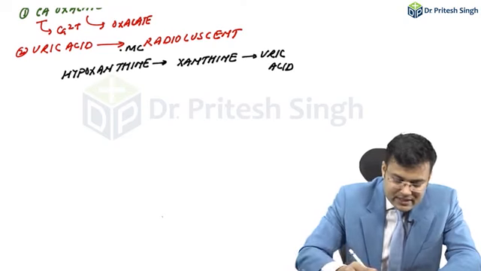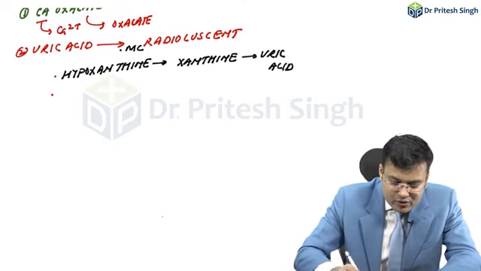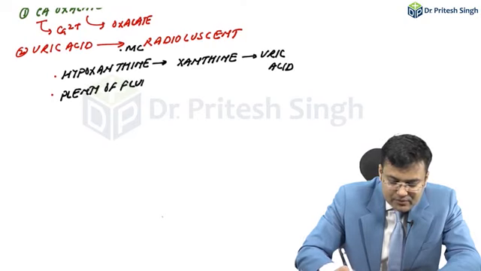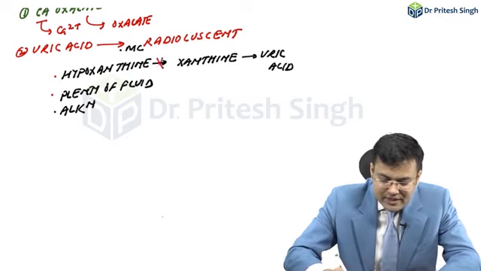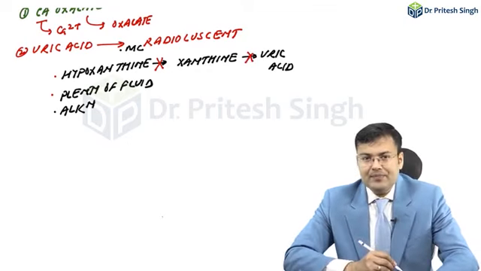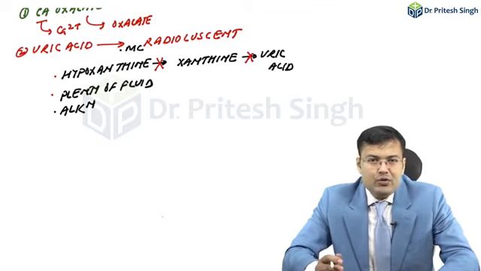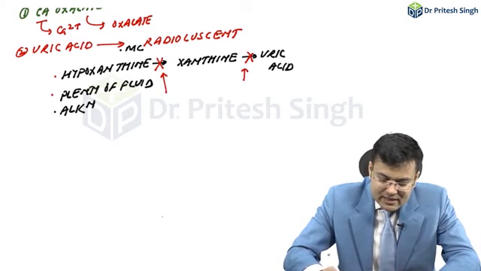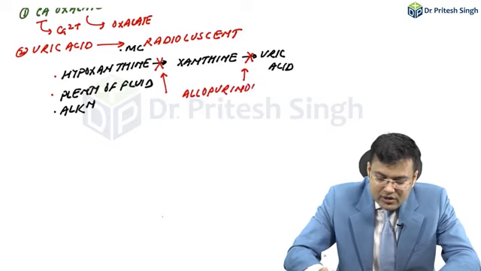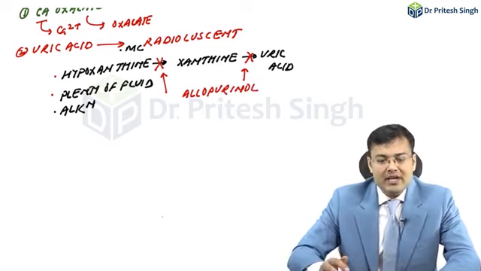So here, since it's uric acid, apart from plenty of fluids, we can go for alkalinization of urine, and we can use one drug which can block both of these steps: conversion of hypoxanthine into xanthine and xanthine into uric acid. And what's that drug? The drug is allopurinol. So allopurinol is used in uric acid stone.